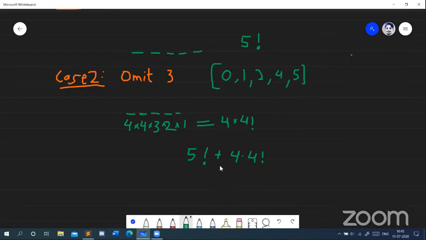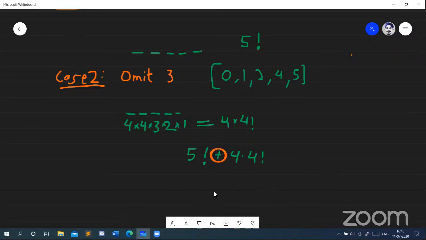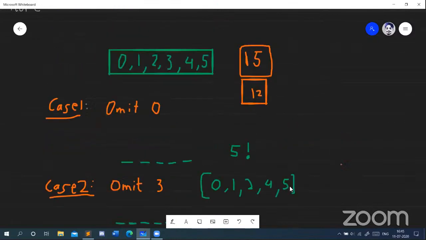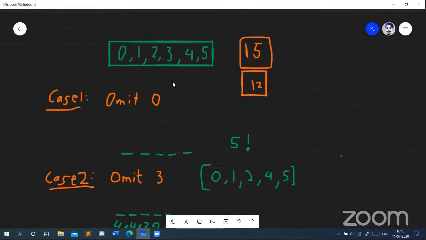But I really want you to question why I used this plus here. Why is there a plus? Why not a multiplication operator here? And really, if you think about it, if I make numbers which have 0 and if I make numbers which do not have 0, then these two events are mutually exclusive.